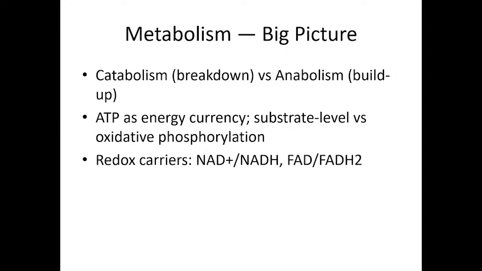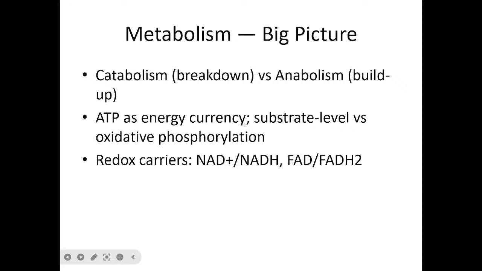Catabolism is breaking down. For example, glycolysis is an example of a catabolic reaction, where glucose is broken down into pyruvic acid. Later on, you talk about cellular respiration. And anabolism is building up.